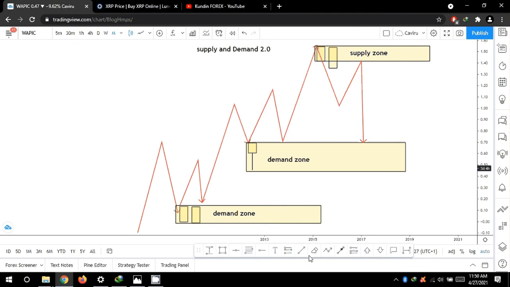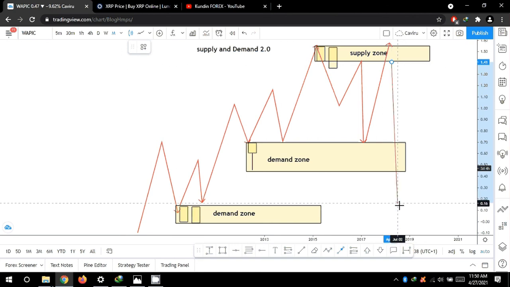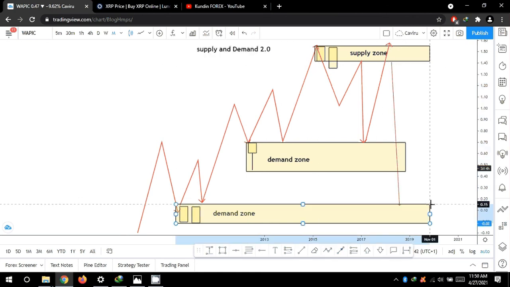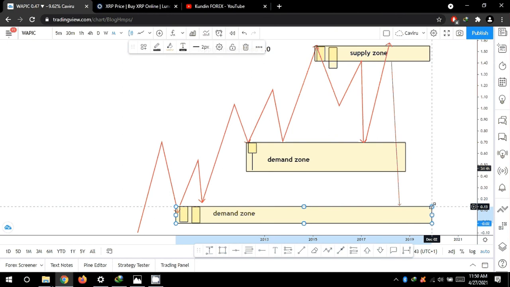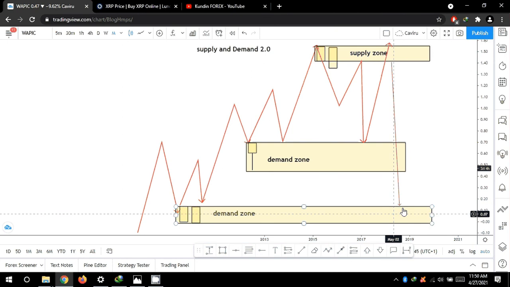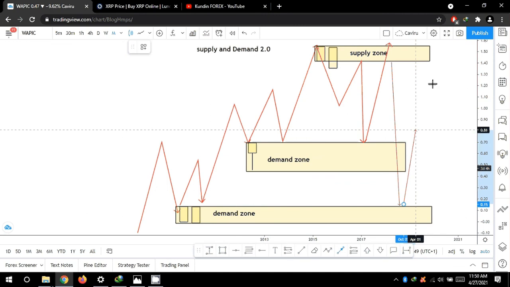Then from the demand zone, it could go up again, or it comes down to the final demand level before going up. So you see, this is what I'm talking about.